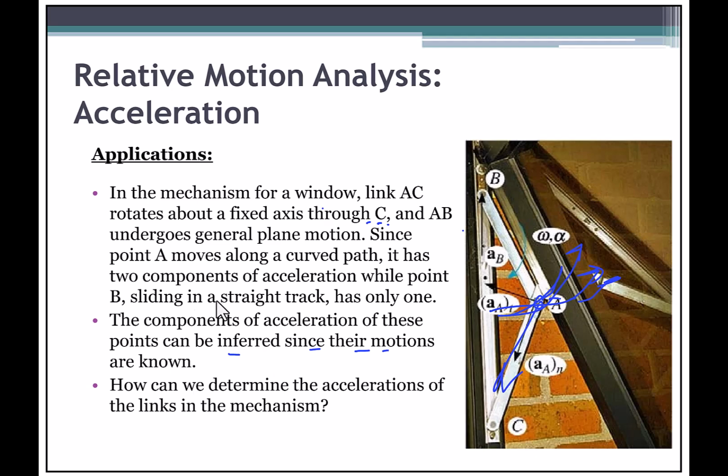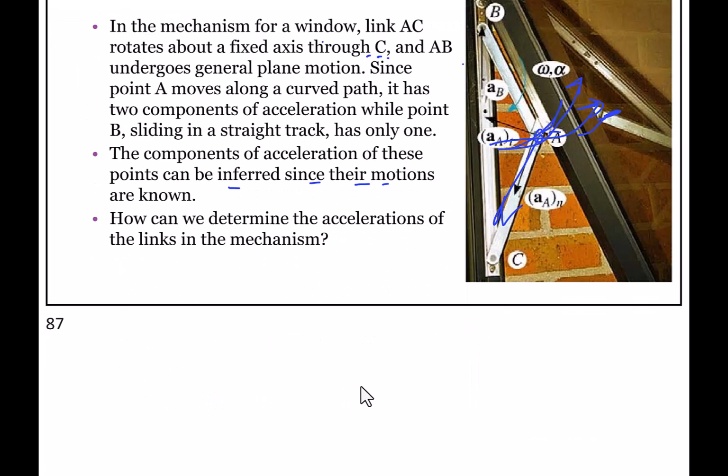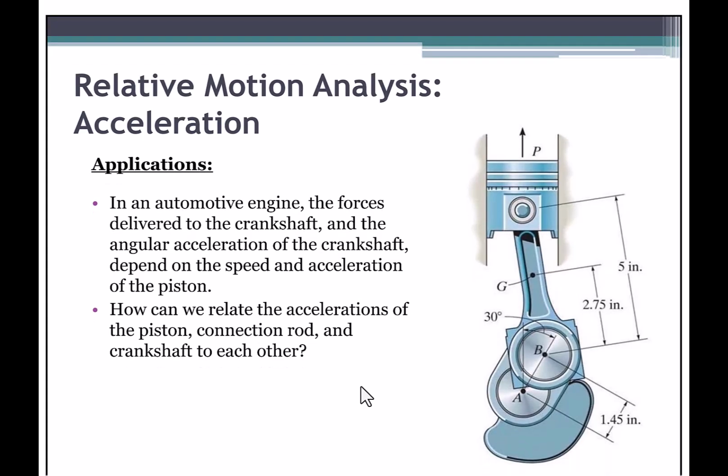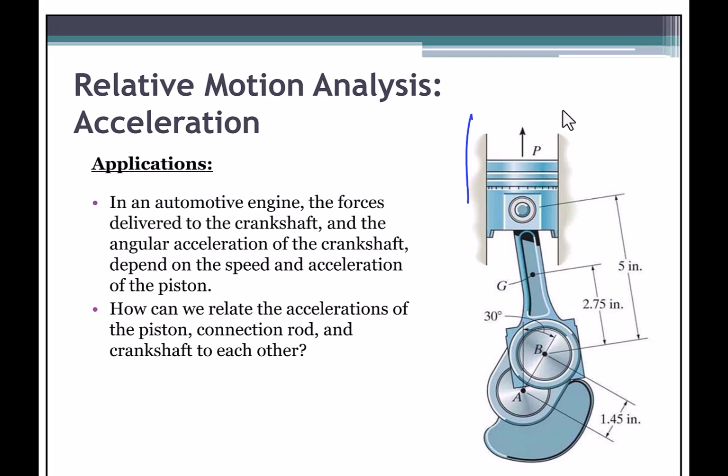So we want to know how to determine the acceleration of the links in this mechanism. Another example is this piston in a cylinder. This piston moves up and down linearly here, or this crankshaft of a car has acceleration and velocities in the circumferential direction as well as translating in the absolute up and down y direction.